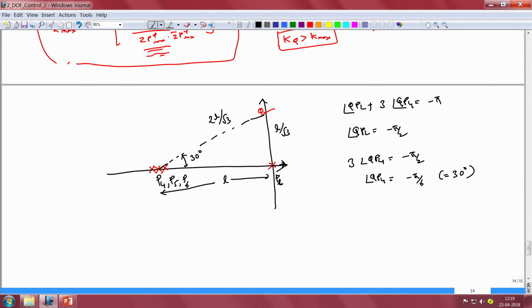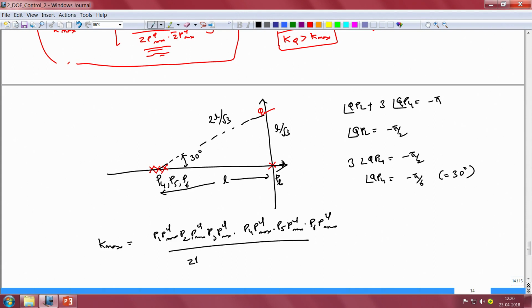So we would have K max equal to P1 PCL max times P2 PCL max times P3 PCL max times P4 PCL max times P5 PCL max times P6 PCL max divided by Z PCL max times Z bar PCL max.